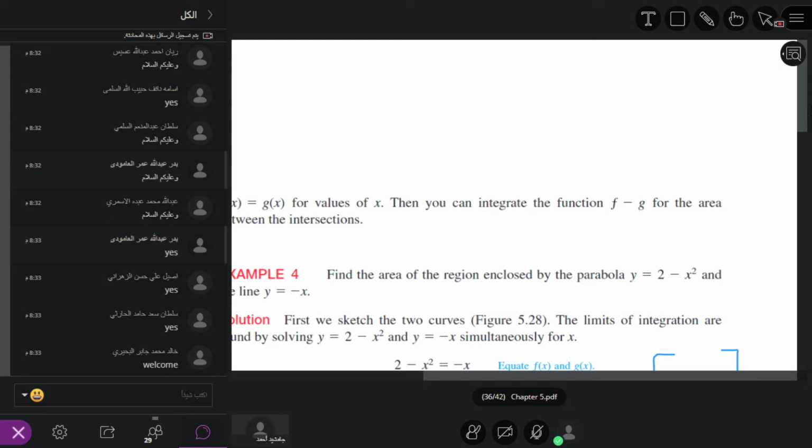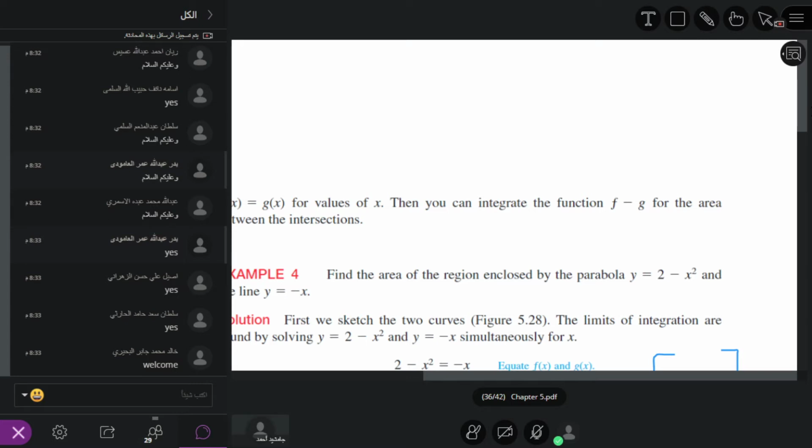This is the value of x. If we put minus 1, minus 1 square is 1, so we get here 1, and we also get here 1. If we put 0, this is equal to 2, this is equal to 0.